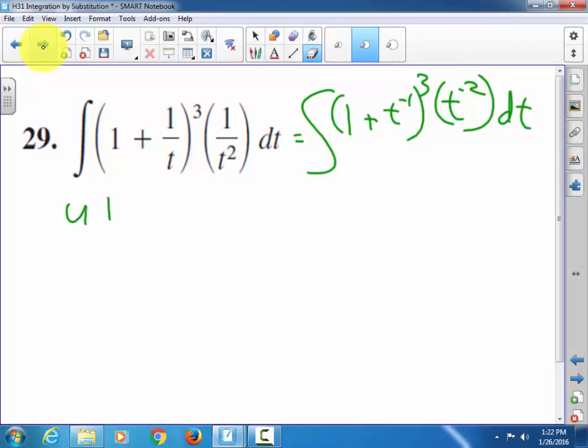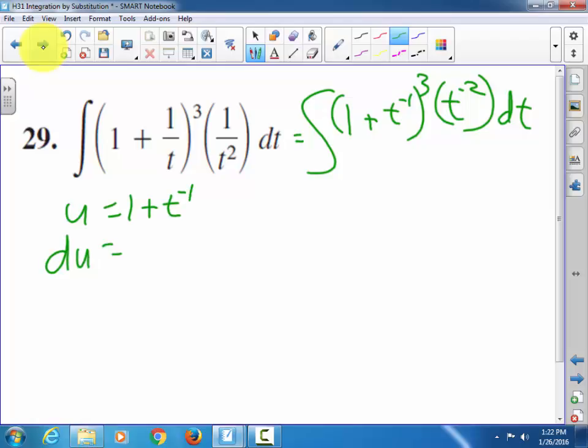Yeah, u is 1 plus t to the negative 1. So what's du then, if I take the derivative of what I just wrote down? Negative t to the negative 2 dt. And I've got a t to the negative 2 dt, so if I just move the negative sign over, boom. Then now I've got a substitution I can plug in there.